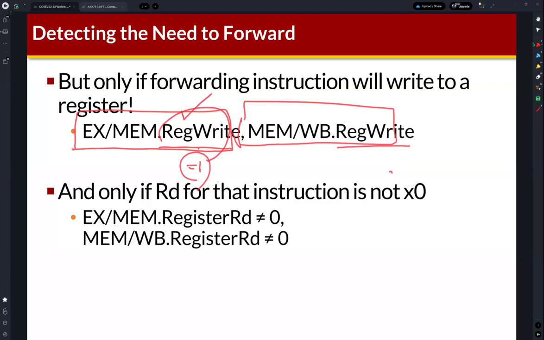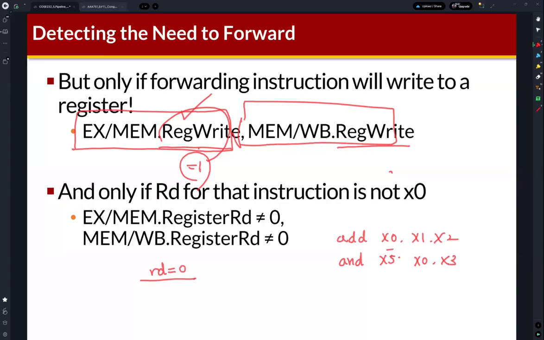Okay? And then another corner case is if the RD is 0. For example, add x0, x1, x2, and then and x5, x0, x3, right? Then do we need to check the data forwarding?